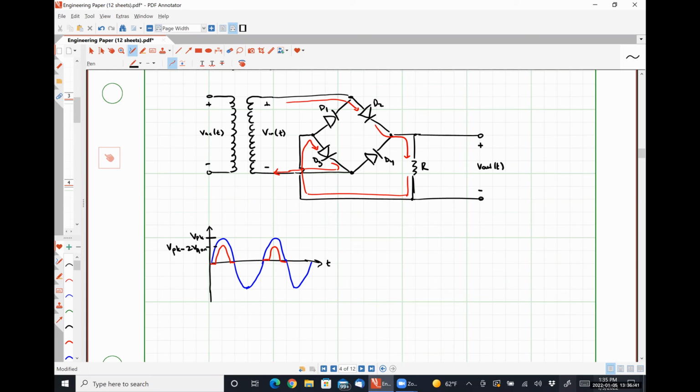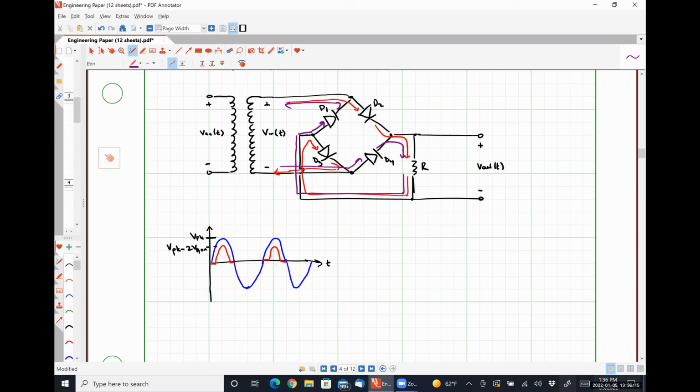Now, when Vn starts to get increasingly negative, or when we're in the negative half cycle portion, that is going to make D4 forward biased. Current's going to flow through resistor R. It's going to come around this way. Now D1 will be forward biased.